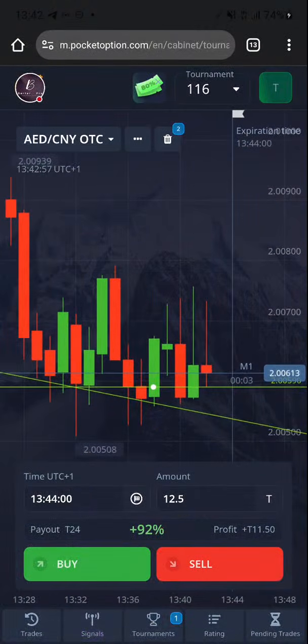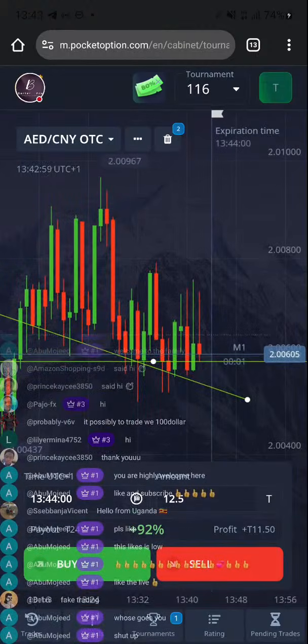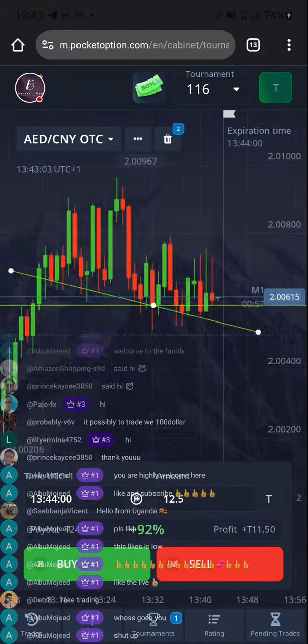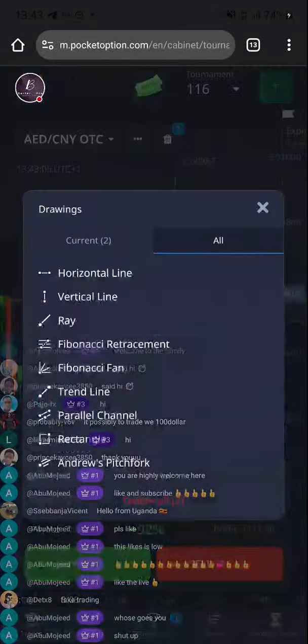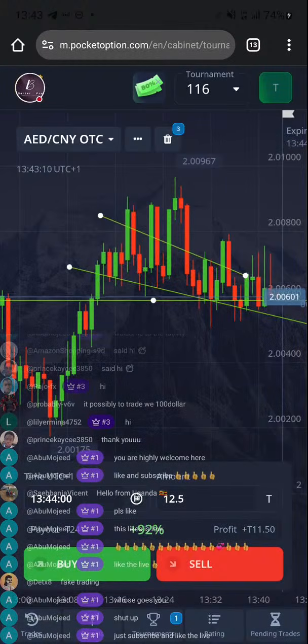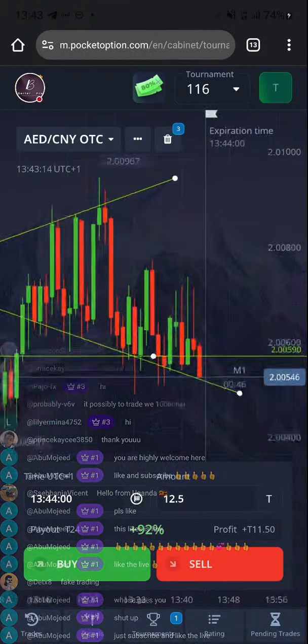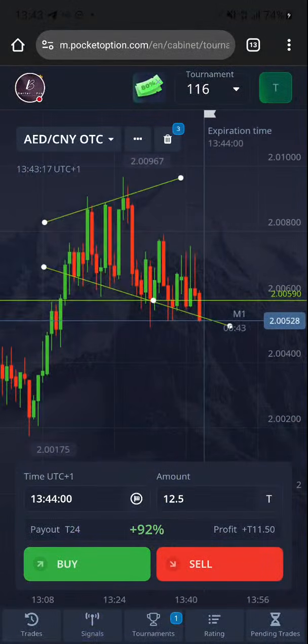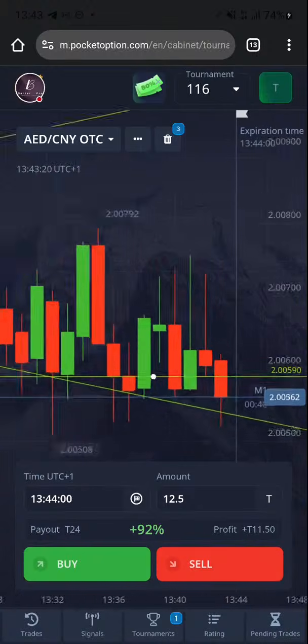Okay, this is more like a basic market structure pattern. If you look at this, if you connect all the buyer's entry and the seller's entry, now let's see if we can go with the buyers here. We can go with the buyers here if we have a gap down.